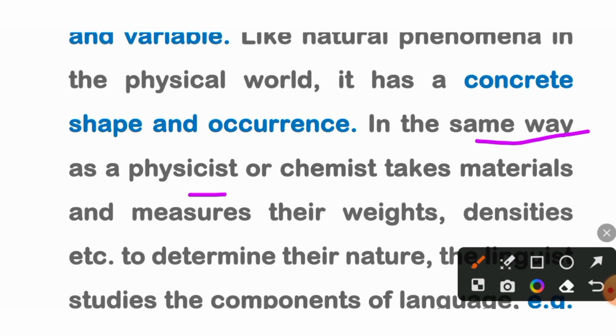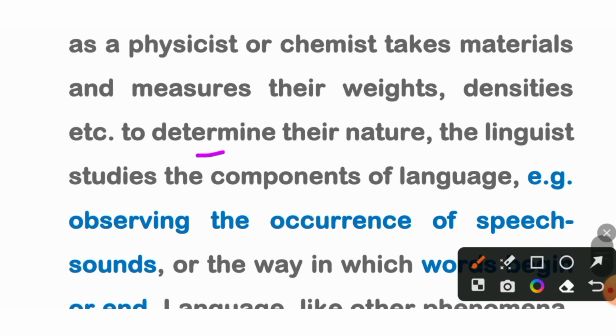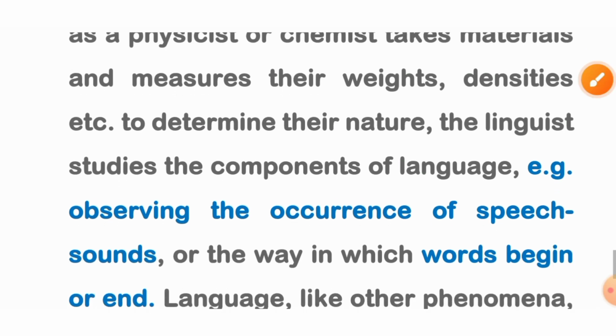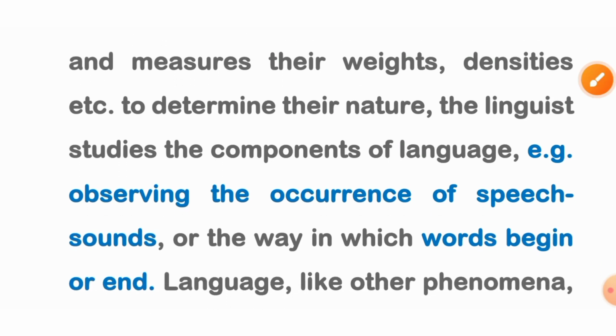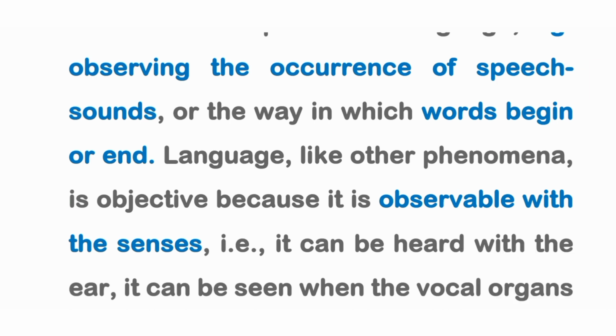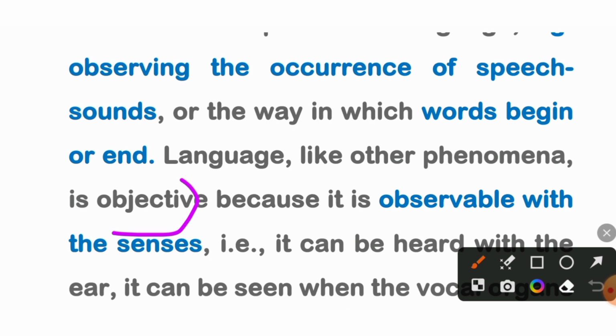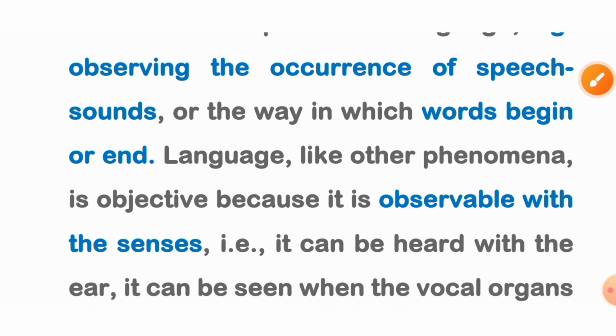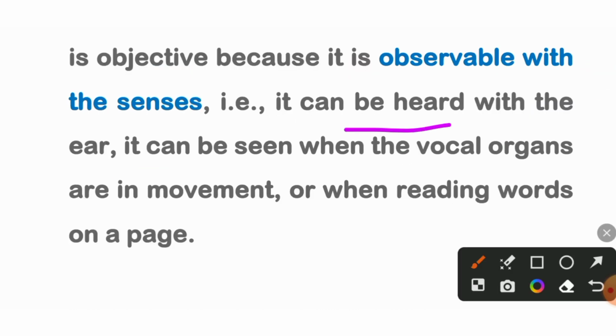In the same way as the physicist or chemist takes materials and measures their weights, densities, etc. to determine their nature, the linguist studies the components of language. For example, observing the occurrence of speech sounds, or the way in which words begin or end. Language, like other phenomena, is objective because it is observable with the senses. The characteristics of language, the presence of language, we can feel it with the senses.